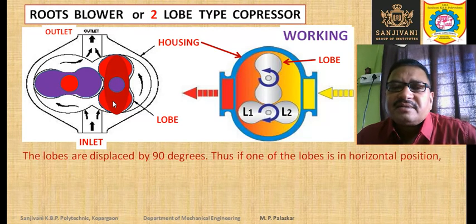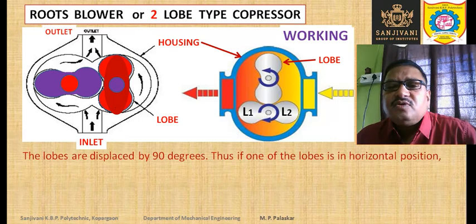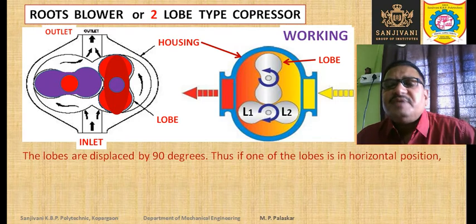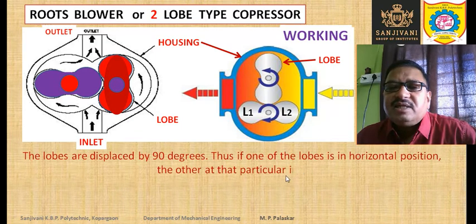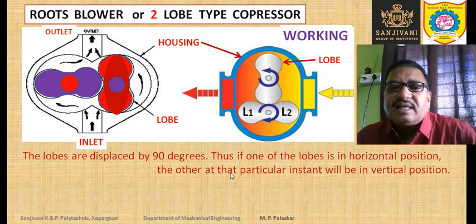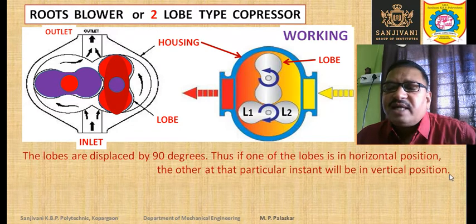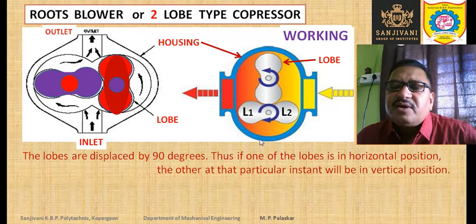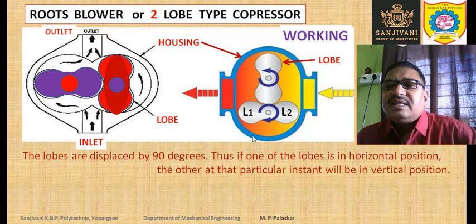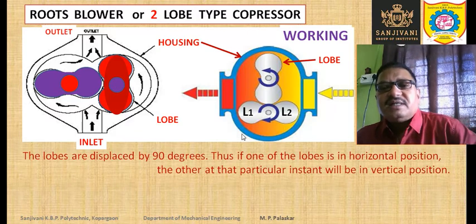They may be inclined, but these two lobes are always perpendicular to each other. If one of the lobes is in horizontal position, the other at that instant will be in vertical position. So at every instant these two lobes are perpendicular to each other.